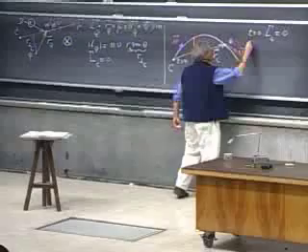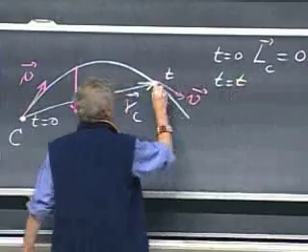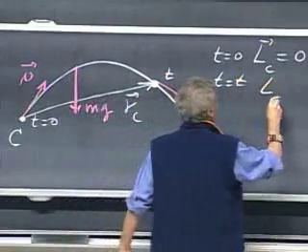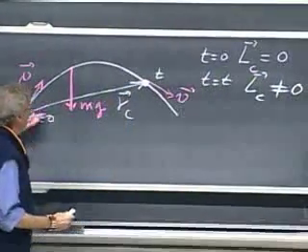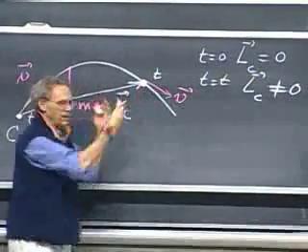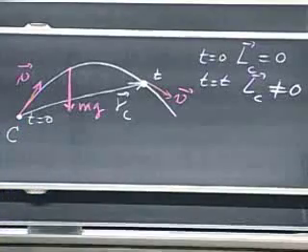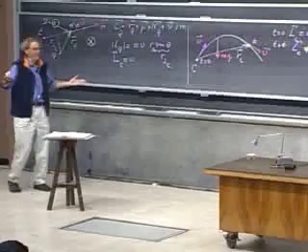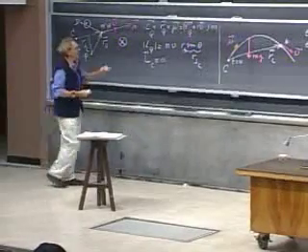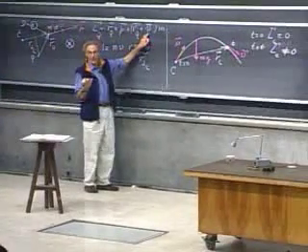What is the angular momentum at time t when the object is here? Well, that angular momentum is clearly not 0, because you see here position vector and you see the velocity. So clearly the angular momentum was changing. Now you will say, of course it was changing. Big deal, because angular momentum has a velocity vector in it.